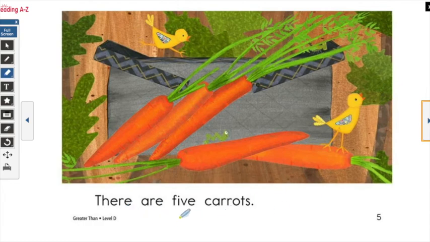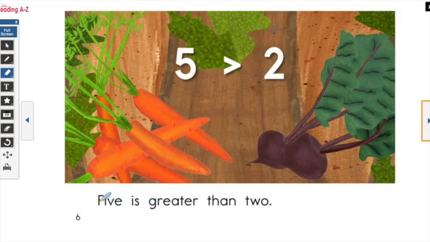There are 5 carrots. 5 carrots. 1, 2, 3, 4, 5. 5 carrots. 5 is greater than 2.